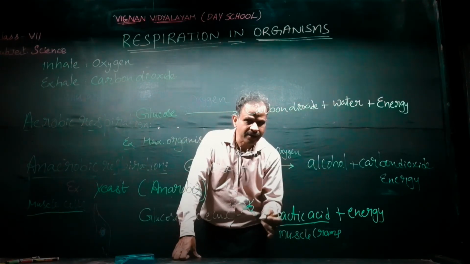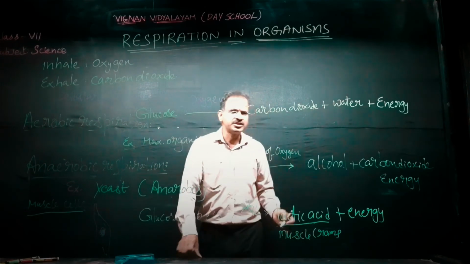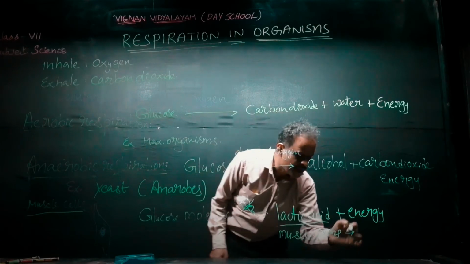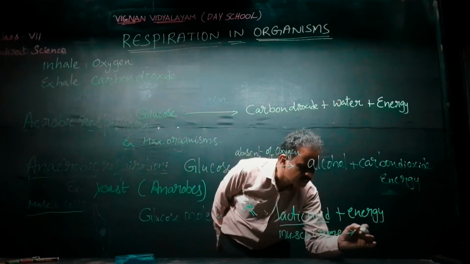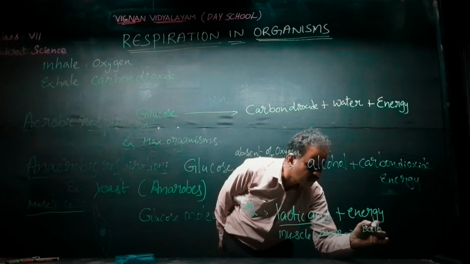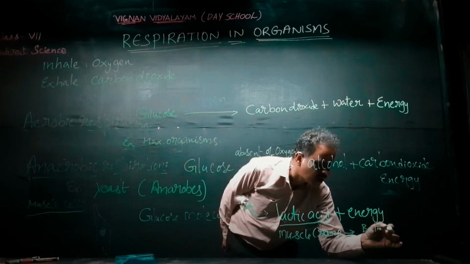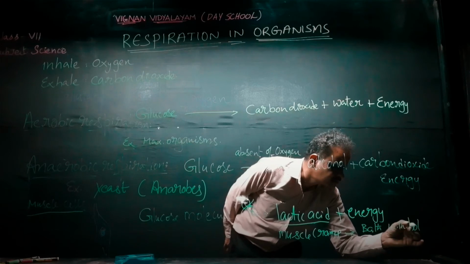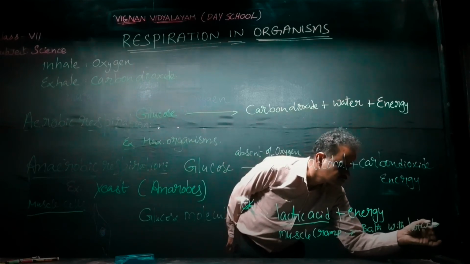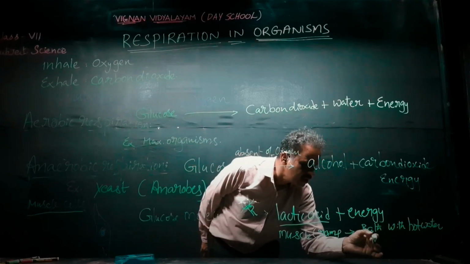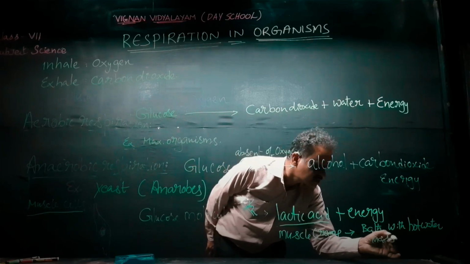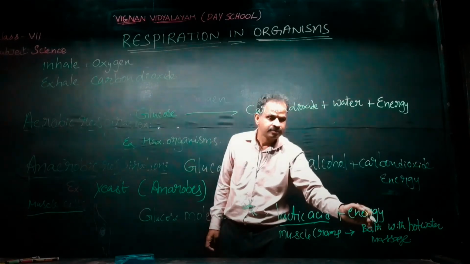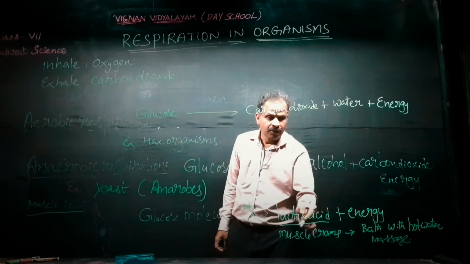So, how can we get relief from these muscle cramps? We can get relief from muscle cramps by having a bath with hot water or body massage. How can they give relief?